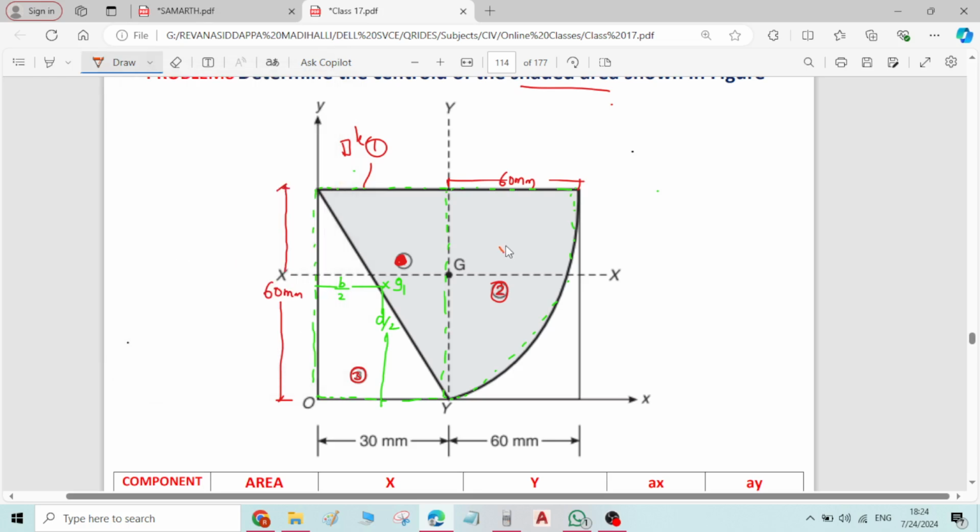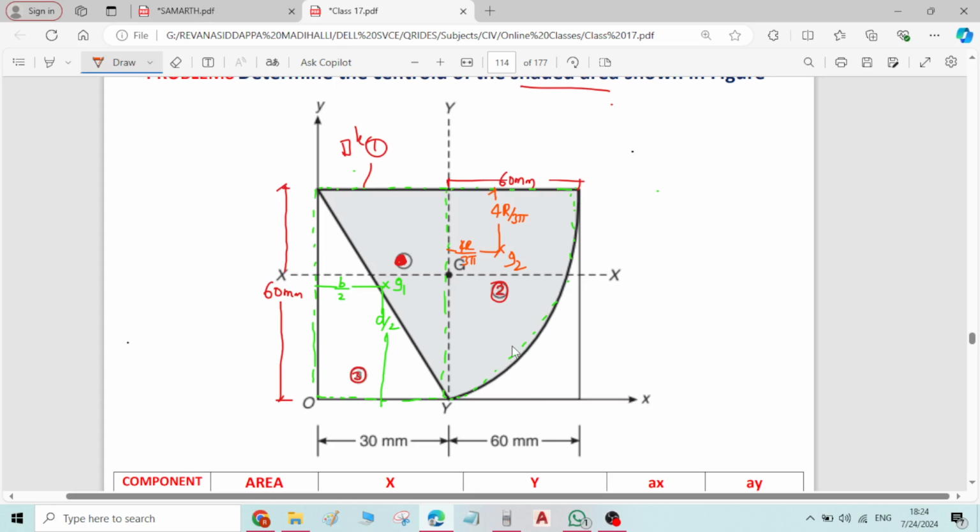If I take G2 as centroid, the x bar will be 4r by 3 pi and y bar is also 4r by 3 pi from the center. From here it is 4r by 3 pi.